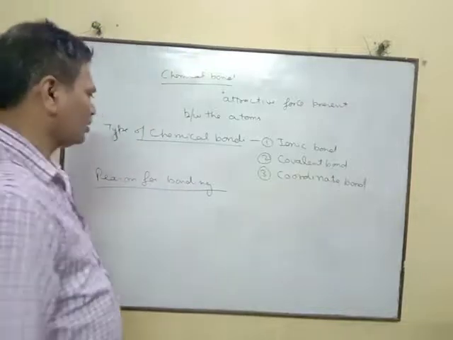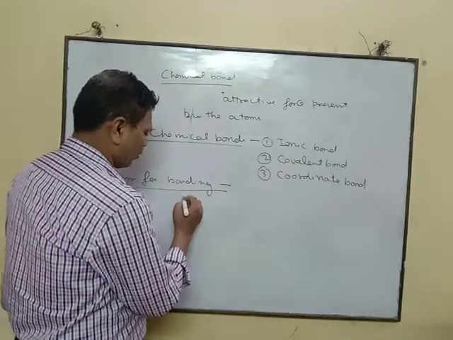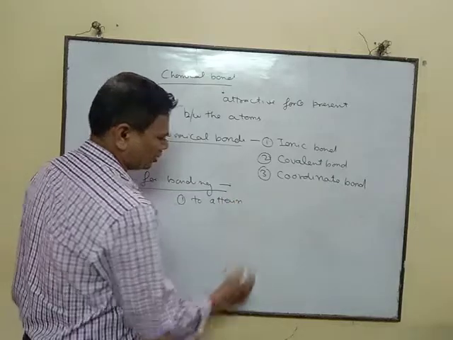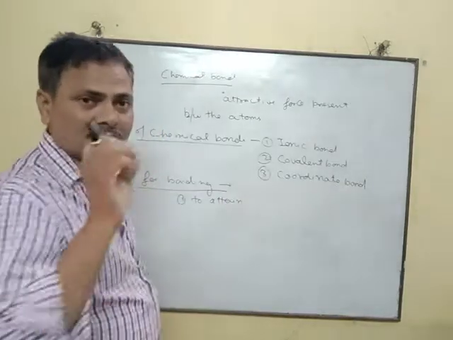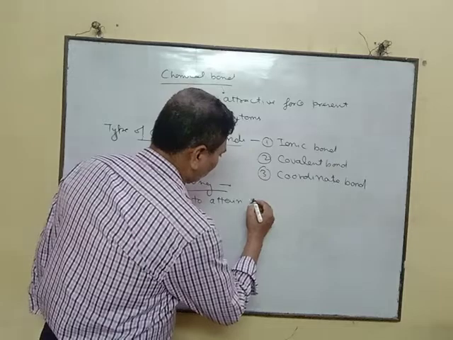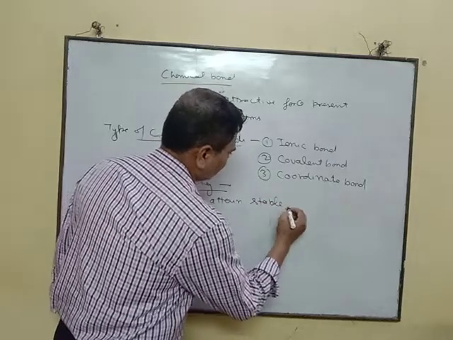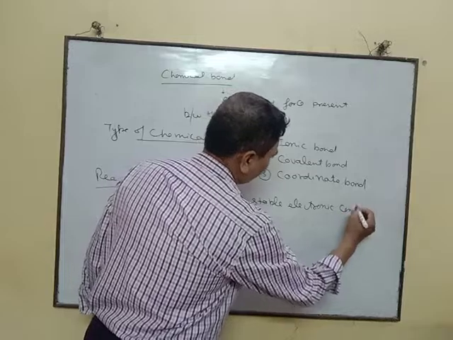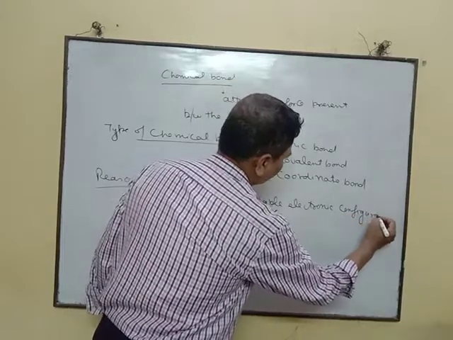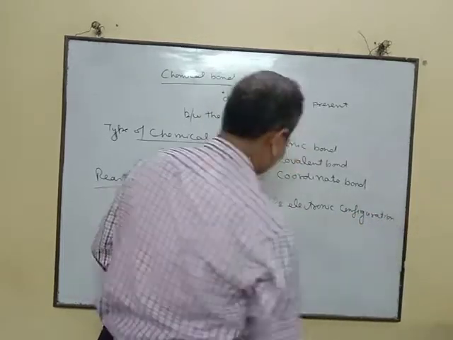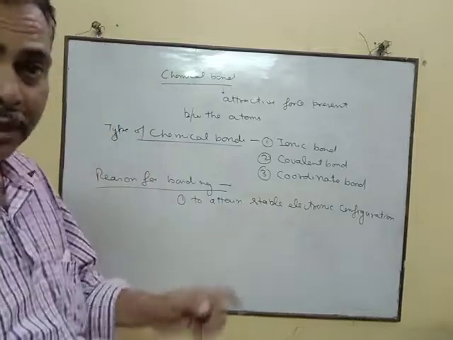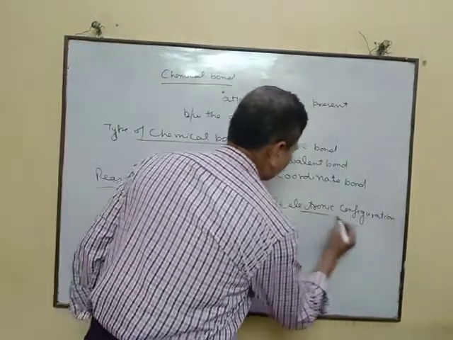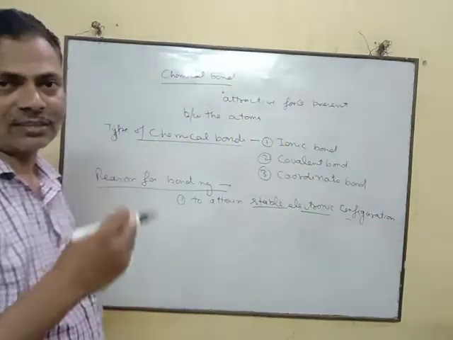Basically, they form a chemical bond to attain what? To attain a stable electronic configuration. The first reason behind chemical bonding is that they want to attain the stable electronic configuration of the nearest inert gas.